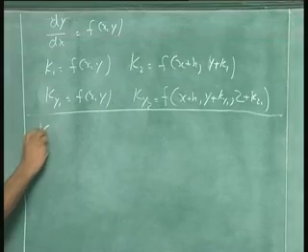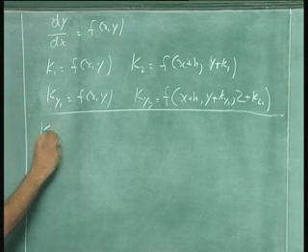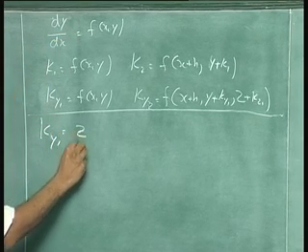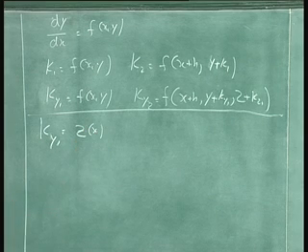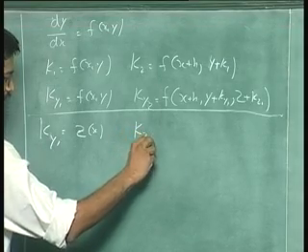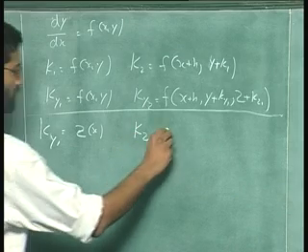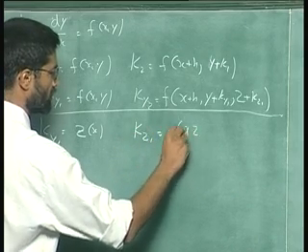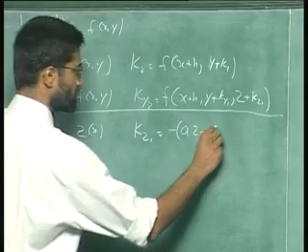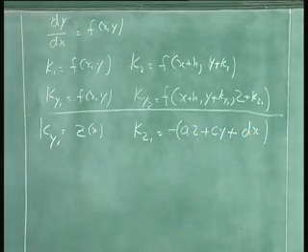So I'll say ky1, the right hand side of dy by dx, is equal to z at x, the first point, x equal to 0. Then I would do kz1, which is this quantity, minus a z plus c y plus d x. Okay, that will be the second quantity.